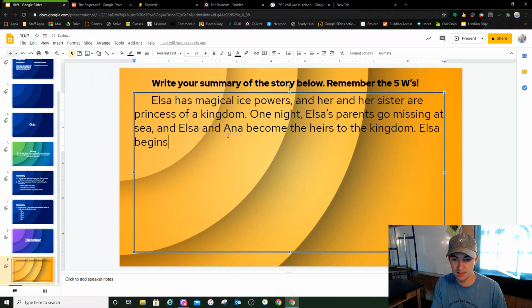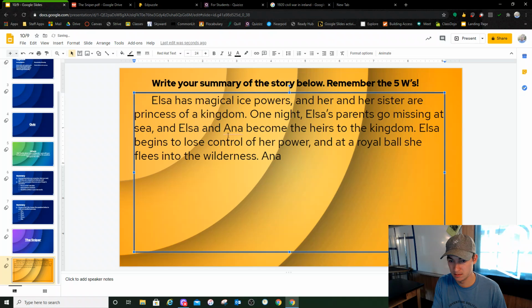Elsa begins to lose control of her power, and at a royal ball she flees into the wilderness.